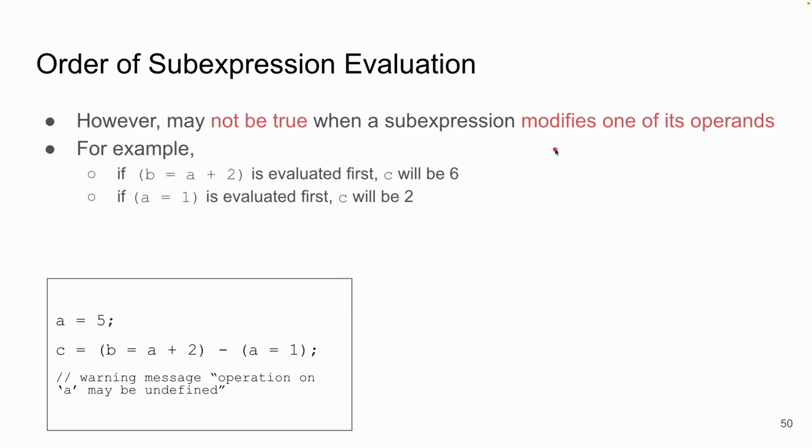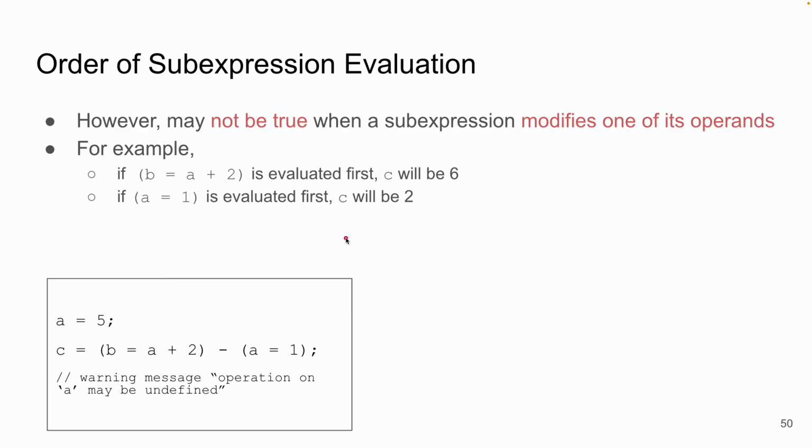If the first sub-expression is evaluated first, the result of c will be 6, right? Because the value of b depends on the original value of a. However, if the second sub-expression is evaluated first, we will assign 1 to a first, and then we will add 2 to the new value of a, so b will be 3.